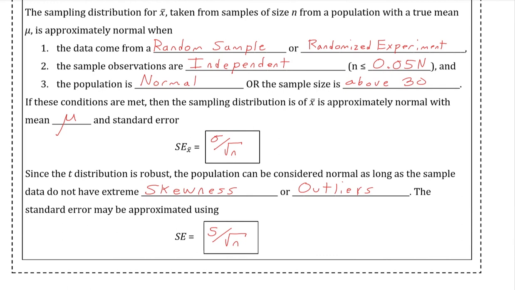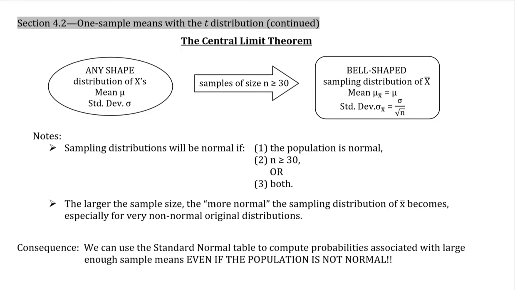The next page will bring us to a diagram of an important concept, the central limit theorem, which was the third condition listed for the approximate normality of the sampling distribution: the condition that states that the population is normal or the sample size is above 30. We have here a relatively simplistic diagram.